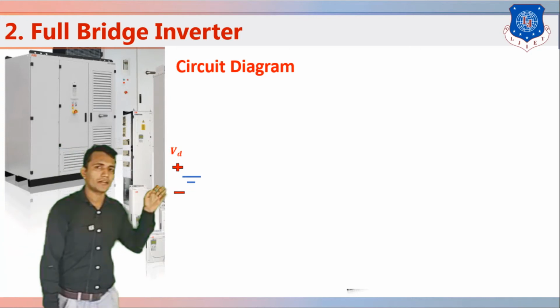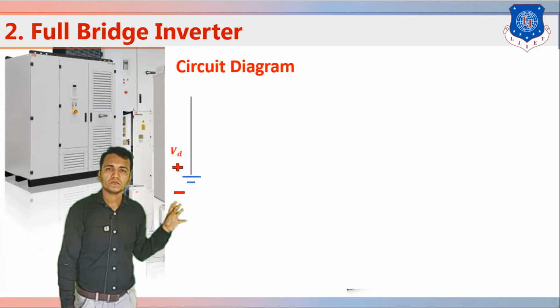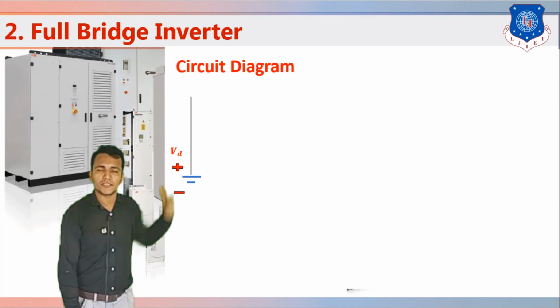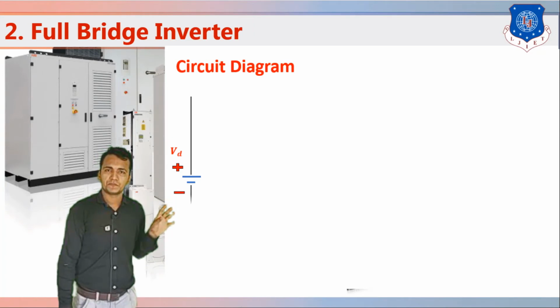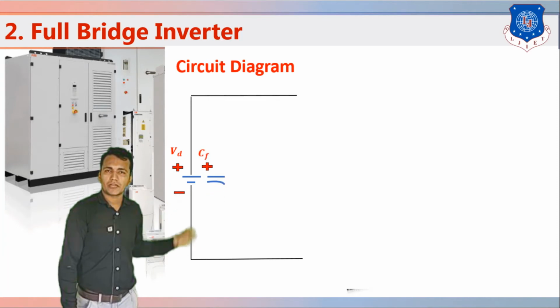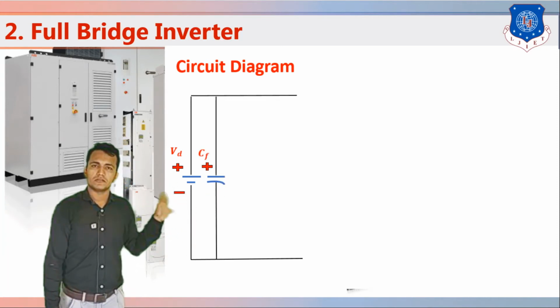Let us start with the input DC supply. Here we have used only a single DC supply, not two DC supplies, because this is a full bridge inverter. Then we use a capacitor to maintain a constant DC voltage across the circuit.